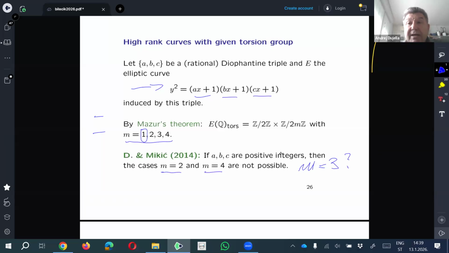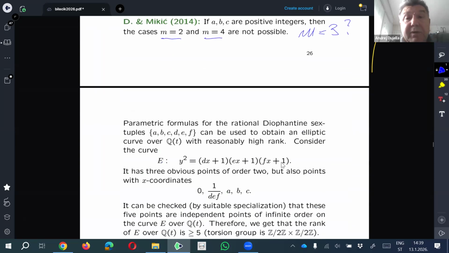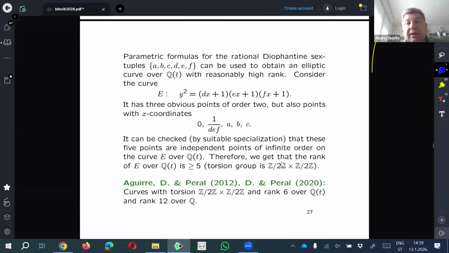But in the rational case, which is in this context much more interesting, all groups can appear, and all of them give some interesting results. Namely, it is interesting if we consider a combination of torsion group and rank.